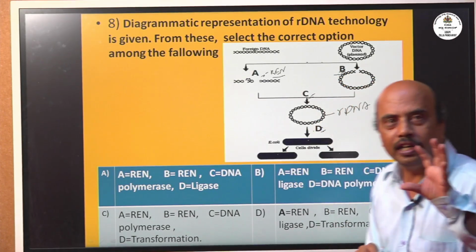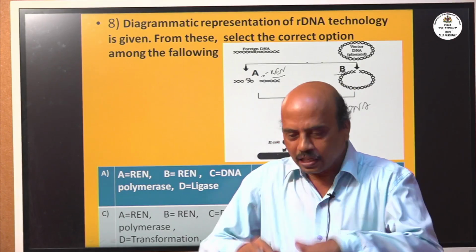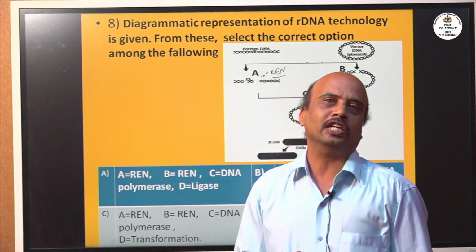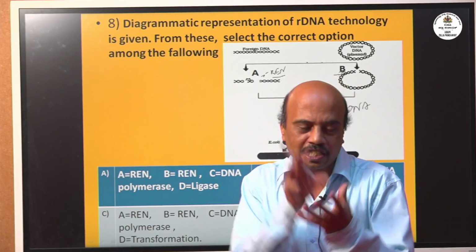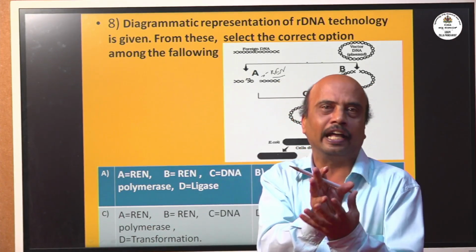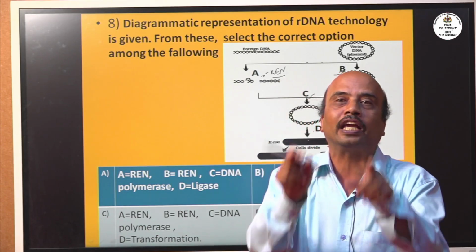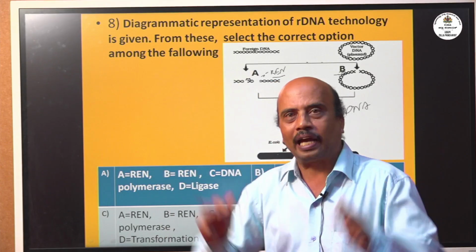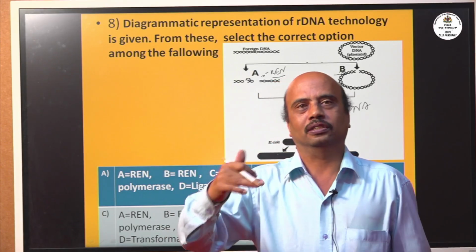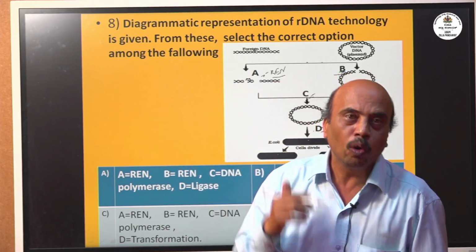This rDNA does not undergo multiplication if it is not introduced into the host cell, because this rDNA is incorporated along with the origin of replication of the plasmid. So in order to multiply, the rDNA must enter the host cell.